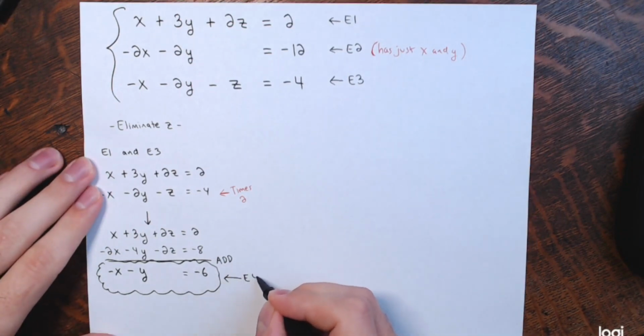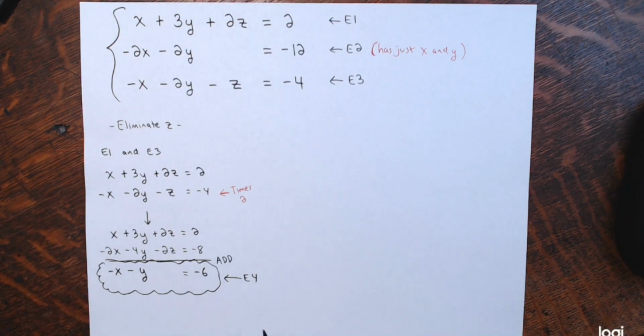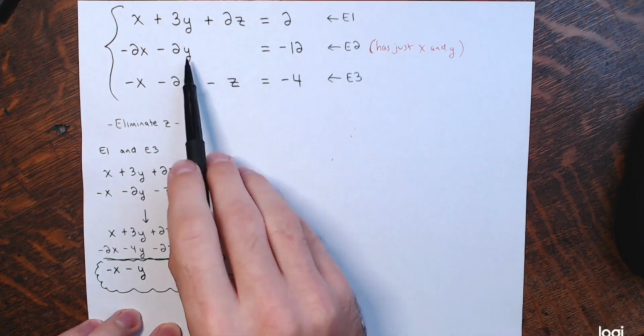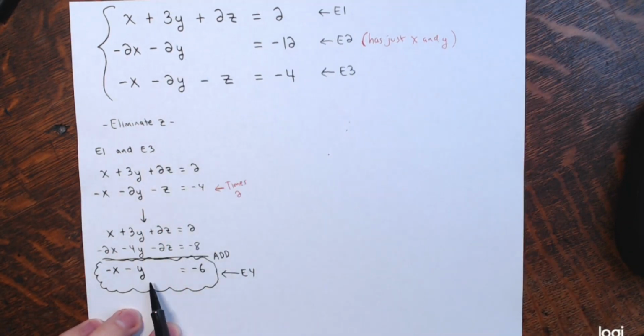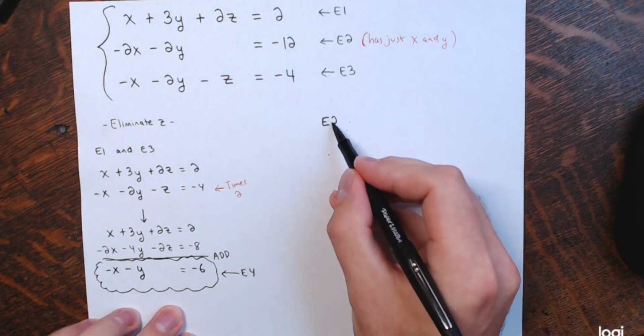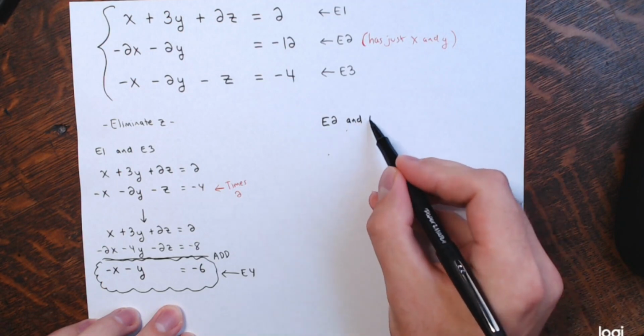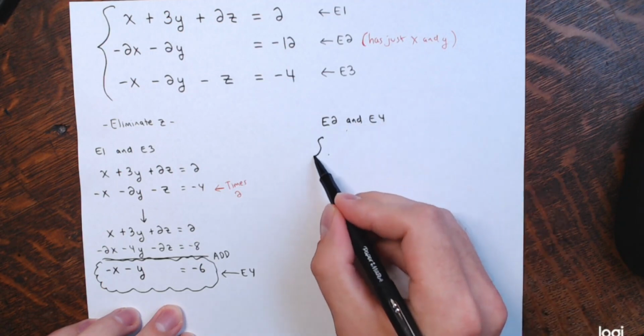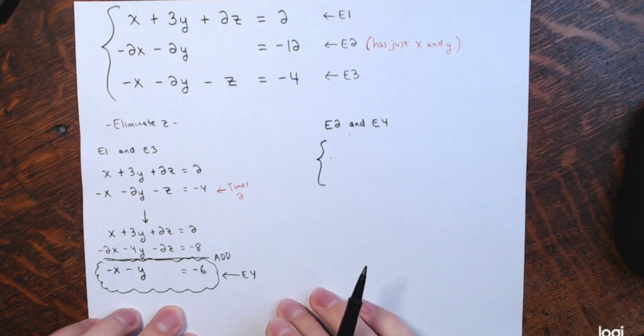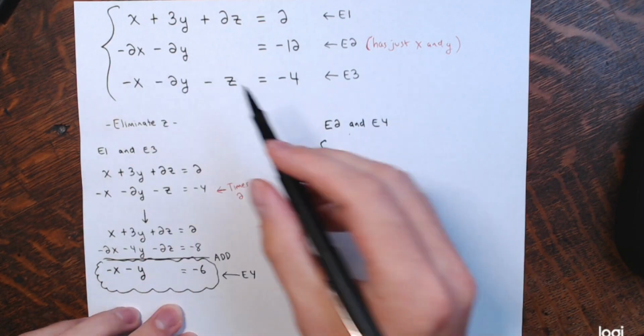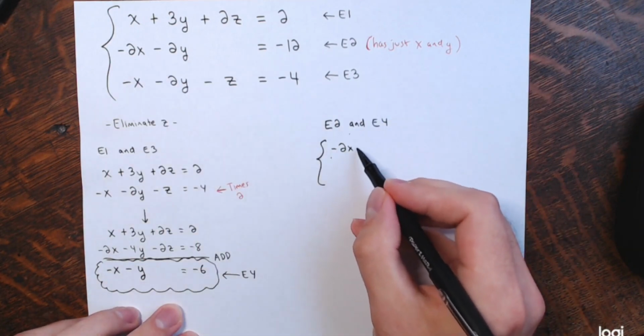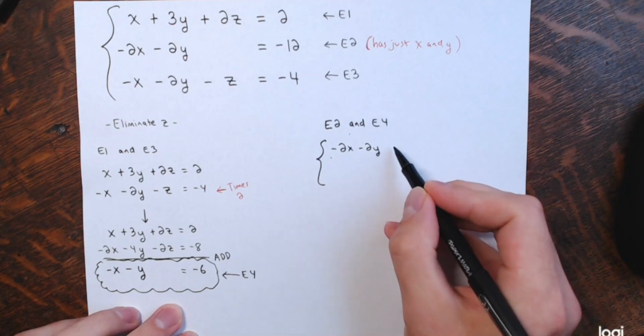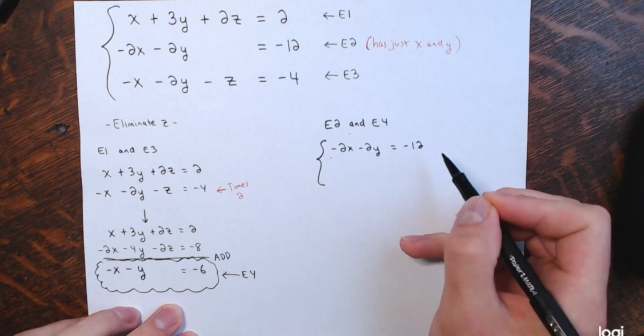Say E4. Now notice that E2 and E4 just have x and y. So if you look at E2 and E4, what you're getting is a system of equations with just two variables. Equation 2 is negative 2x minus 2y equals negative 12.